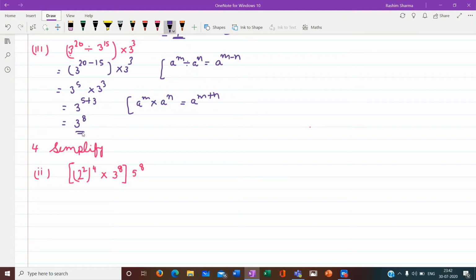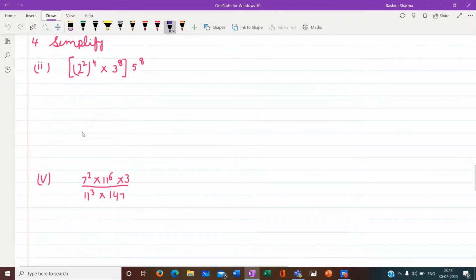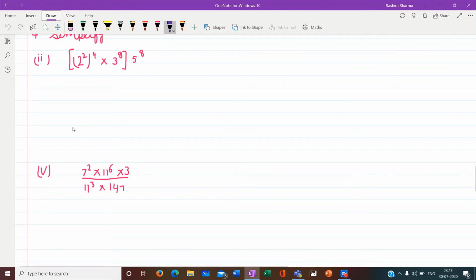Now question number 4 is simplify. Here we have 2 raised to power 2 and outside here power 4. Now we know when we have double power, what we have to do? We have to multiply the power. So it will become 2 raised to power 8 into 3 raised to power 8 and outside here 5 raised to power 8.